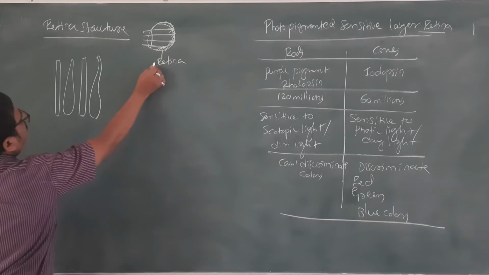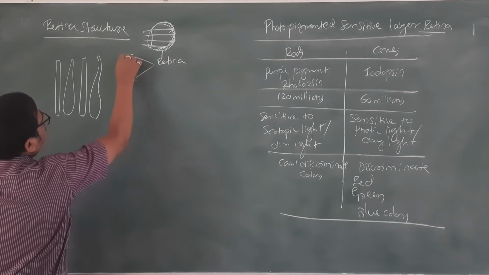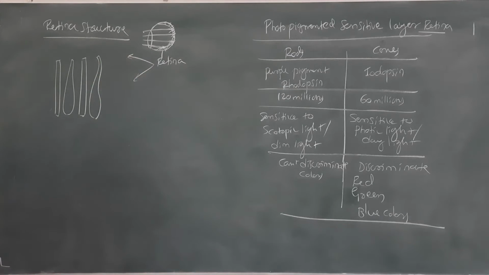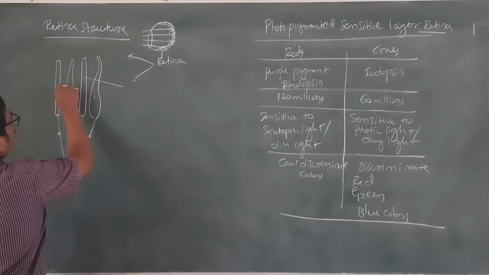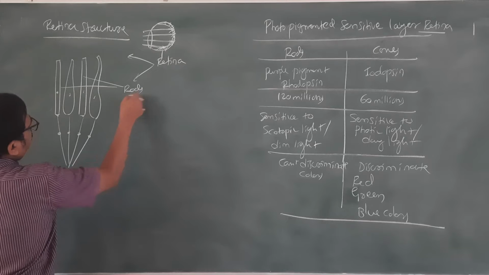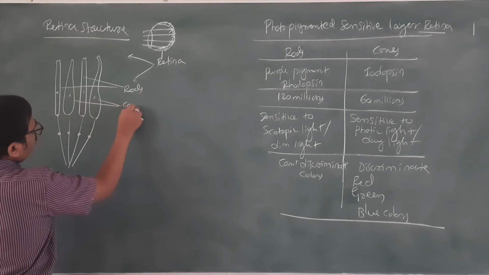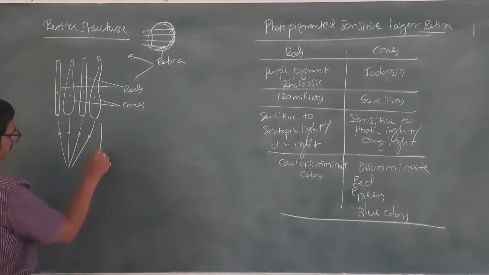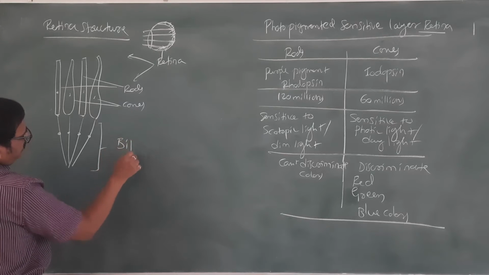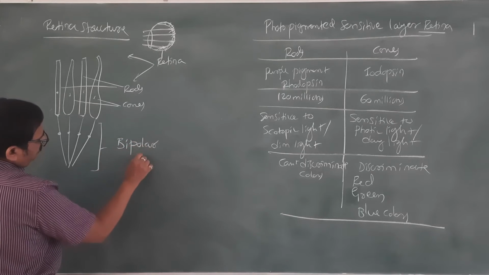Now the retina in detail, these are the structures in the retina. These are called bipolar neurons. Here we are finding the rods, and here the cones, and here the bipolar neurons.